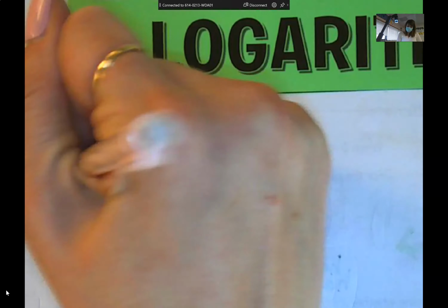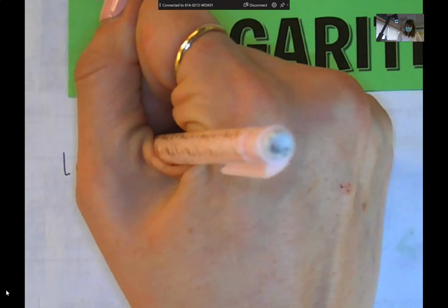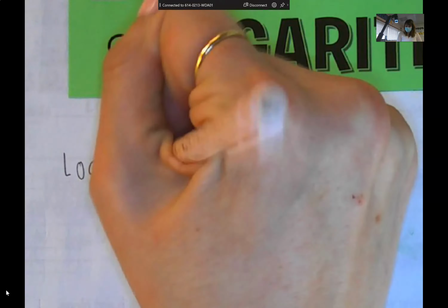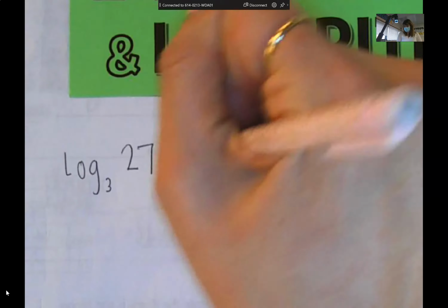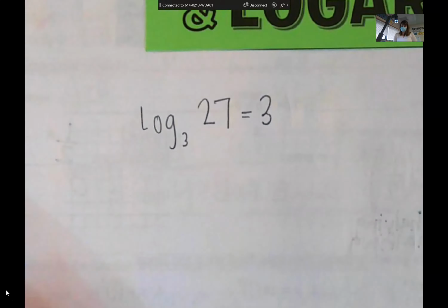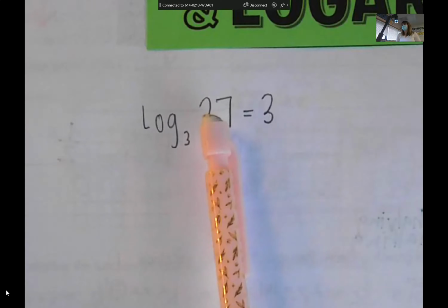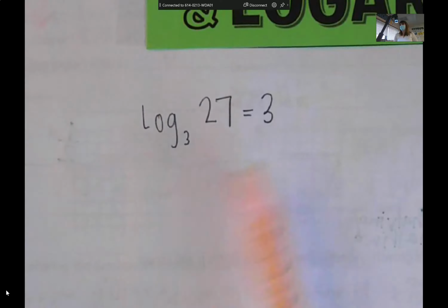So, log base 3 of 27 is 3. So this is saying how many times do I multiply 3 together to get 27? You guys rewrite it.